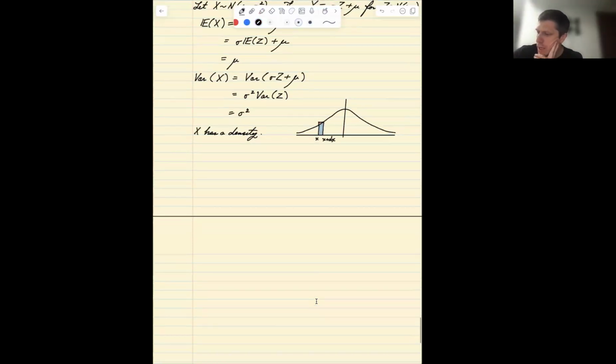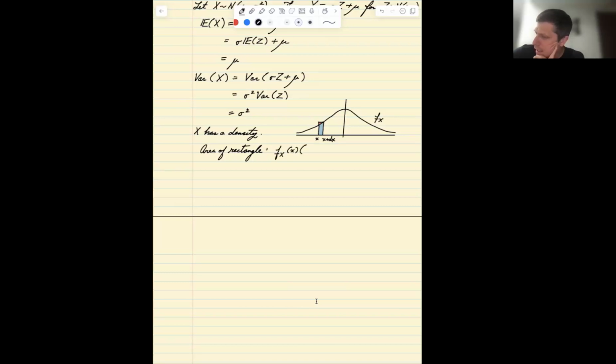So in other words, if X has a density, what is it? What's the area of the rectangle? Whatever the density is, call it f of x.